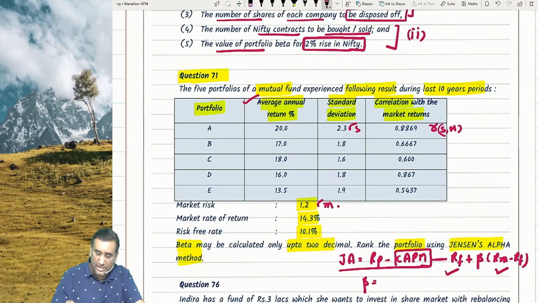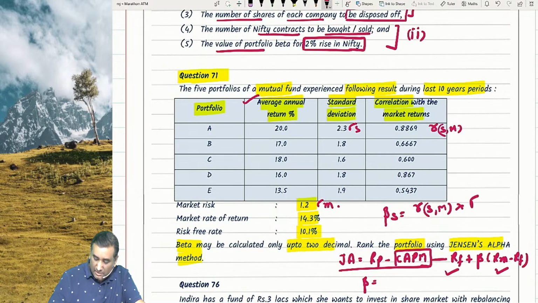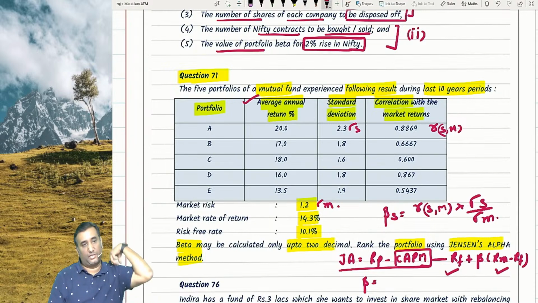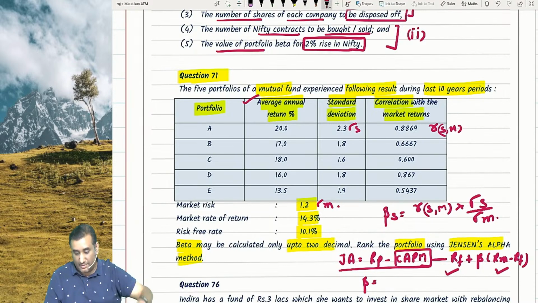So first task, the formula for beta calculation. Beta of a particular stock would be the correlation of stock and market into the standard deviation of the stock divided by the standard deviation of the market.